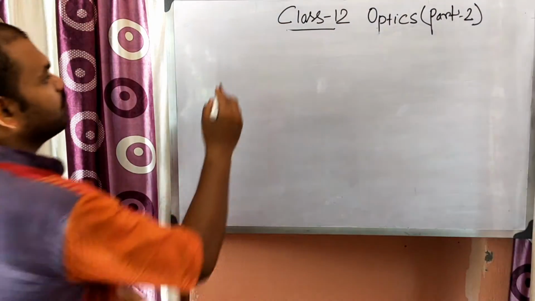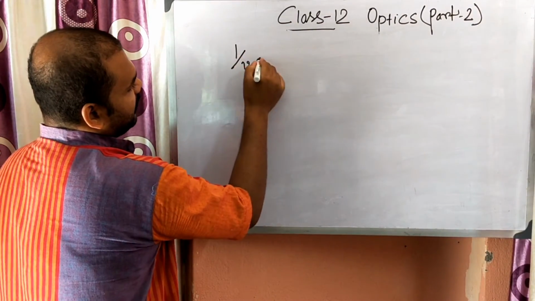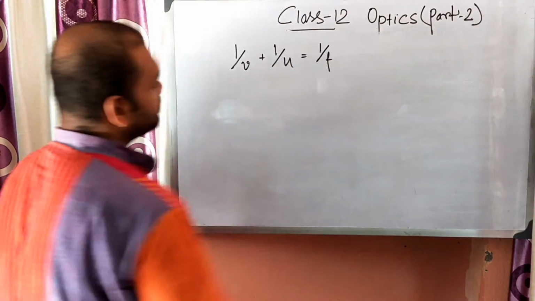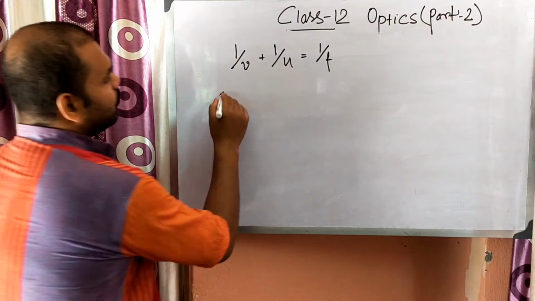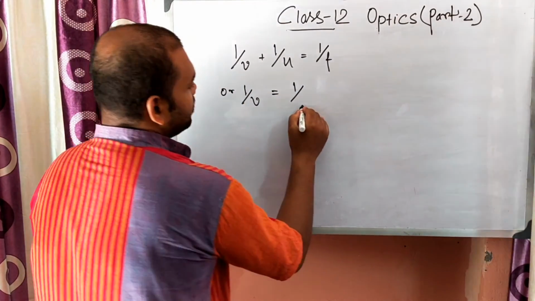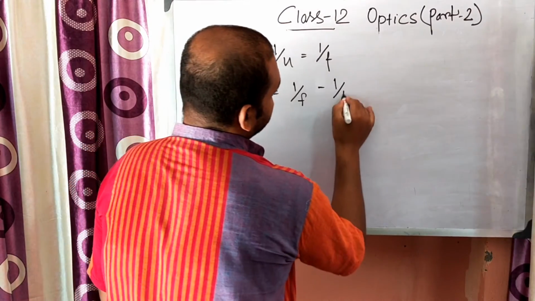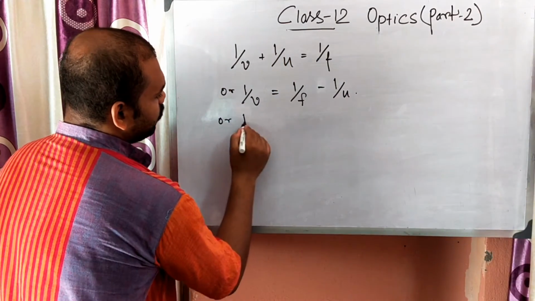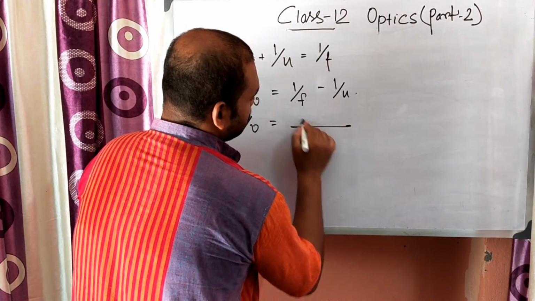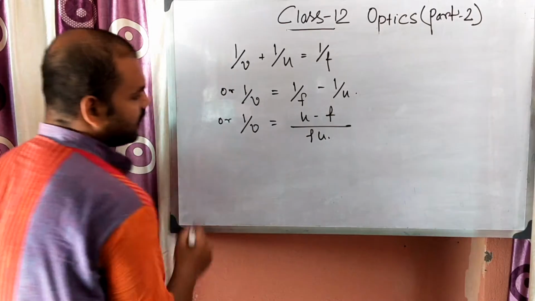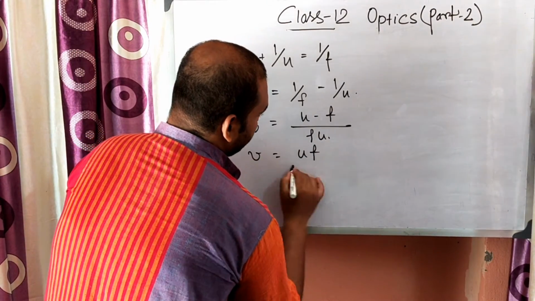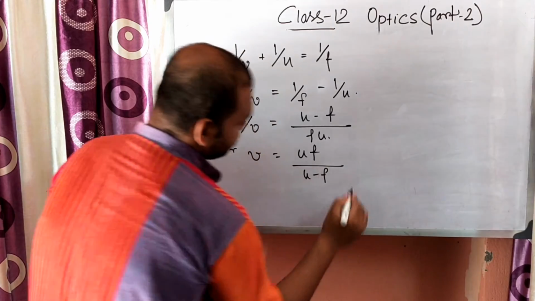Let us write the formula. 1 by v plus 1 by u is equals to 1 by f, or 1 by v is equals to 1 by f minus 1 by u, or we can write 1 by v is equals to u minus f by fu. So v can be written as uf by u minus f.